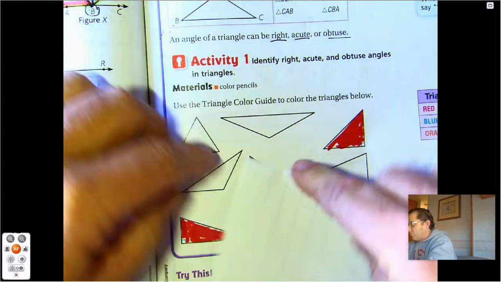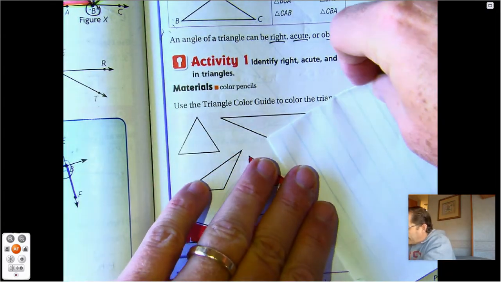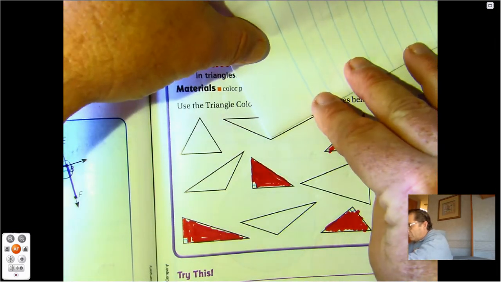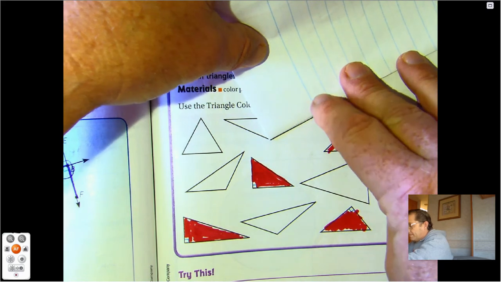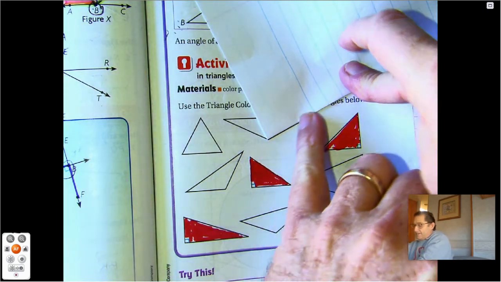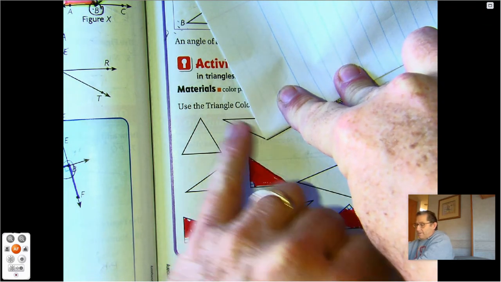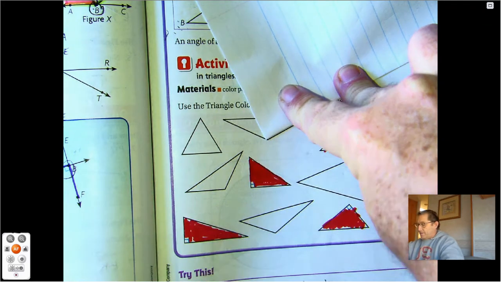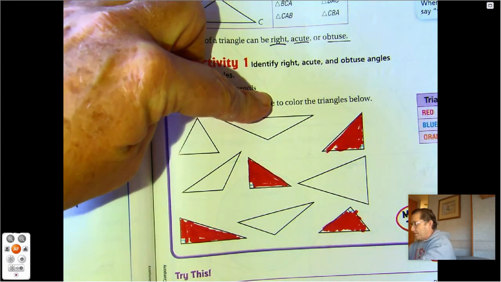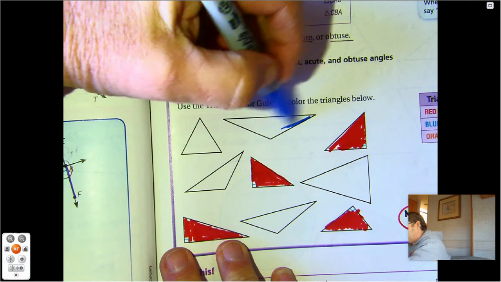Now when I look at this one, and I put the corner of my paper with that ray, okay, I'm lining up this ray here. You notice that this is a lot wider than the corner of my paper. So this one is an obtuse angle. So I'm going to color that blue.